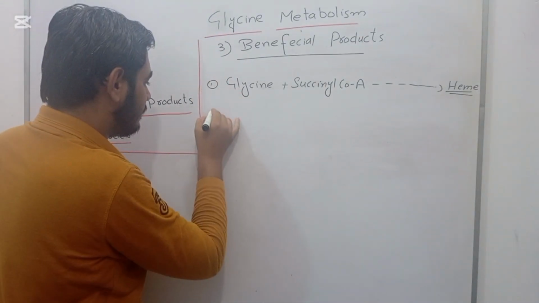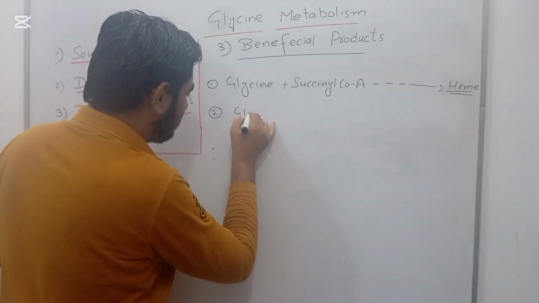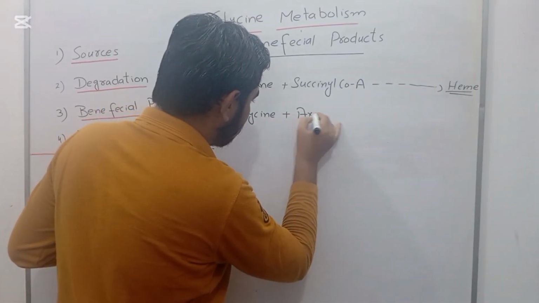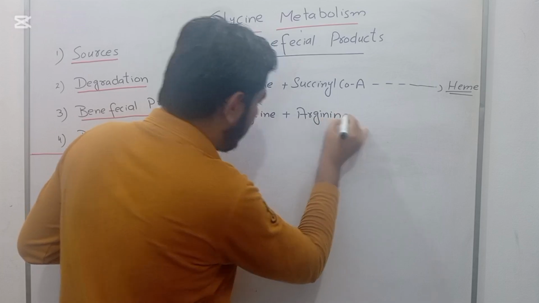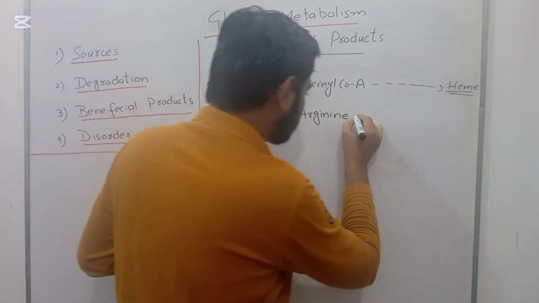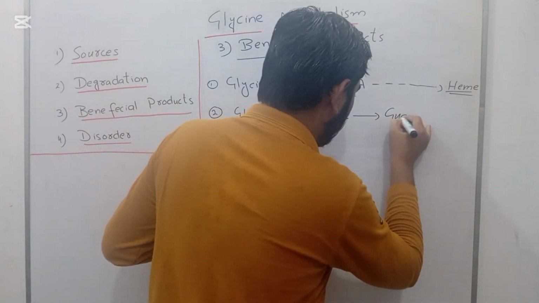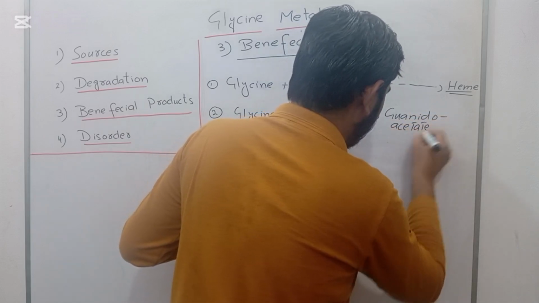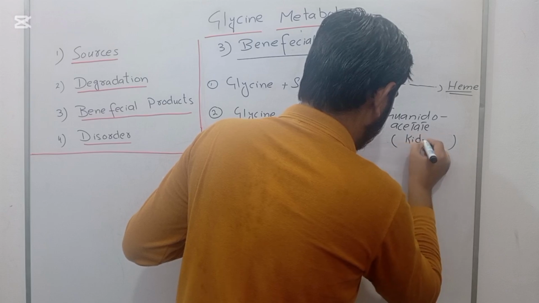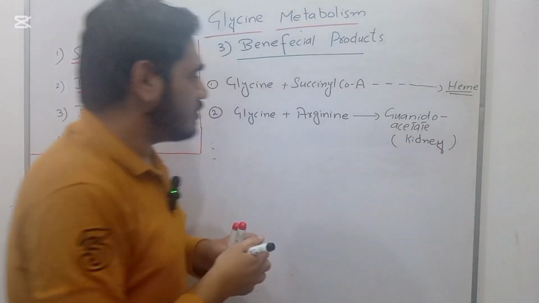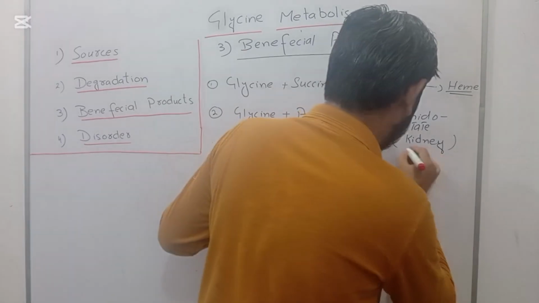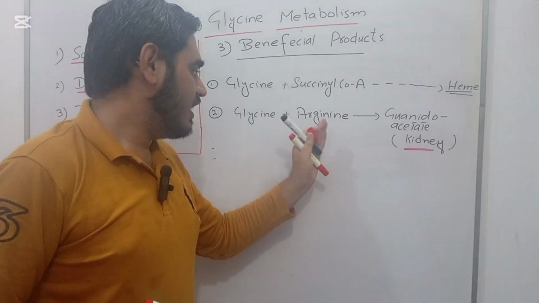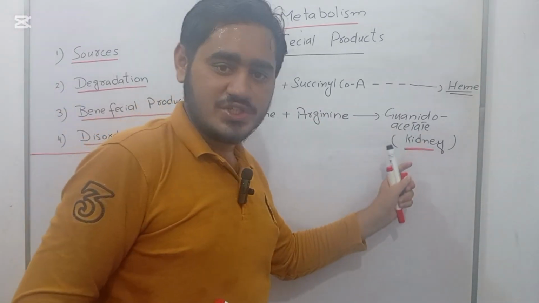Another one: this glycine also gets attached with arginine and it forms guanidoacetate in kidney. Basically, this glycine gets condensed with arginine and it forms guanidoacetate in kidney.